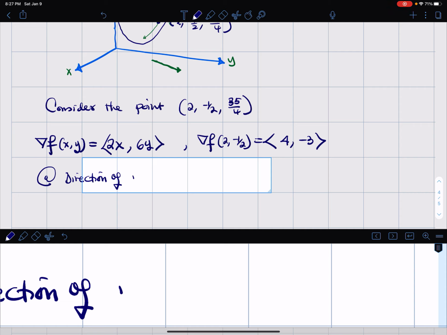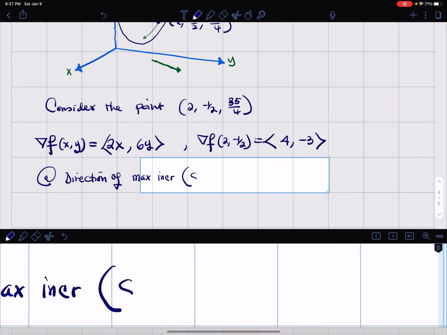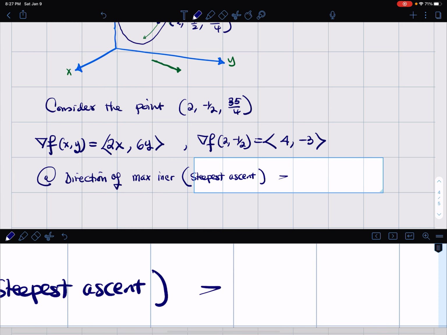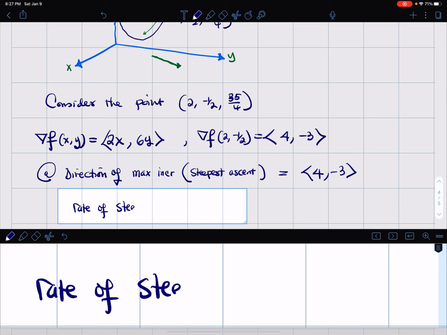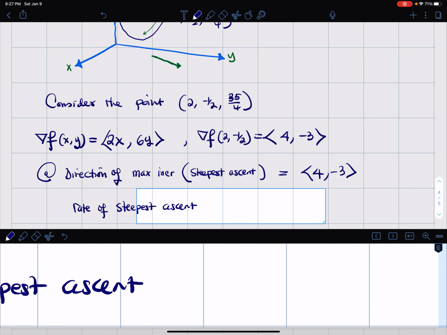Okay. So our direction of maximum increase, which we also call the direction of steepest ascent, is just this direction, 4, negative 3. And the rate of steepest ascent is just the magnitude of that vector.